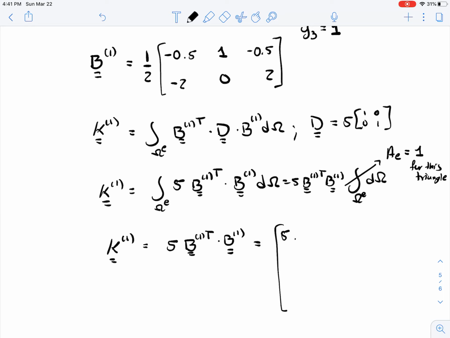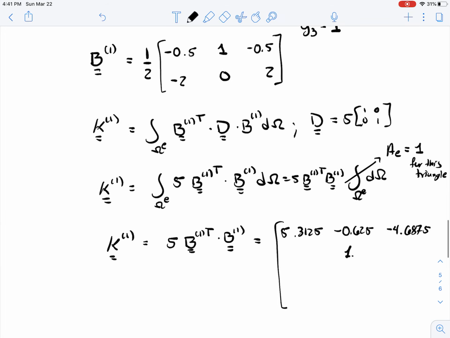So this will be 5.3125, minus 6.625, minus 4.6875, then 1.25, minus 0.625, and 5.3125. And this is a symmetric matrix, so I just need those values, then the rest I can fill in by symmetry.